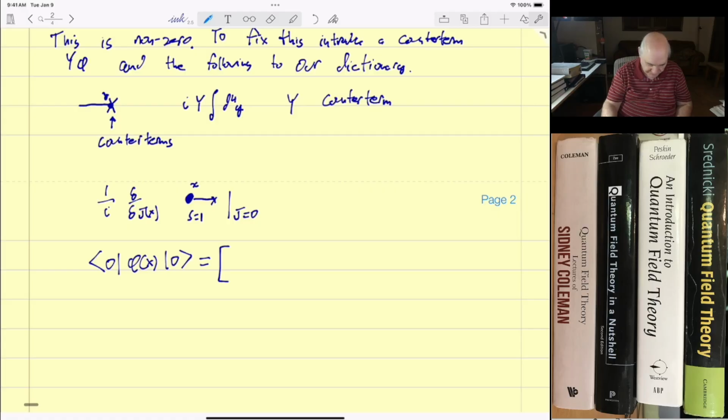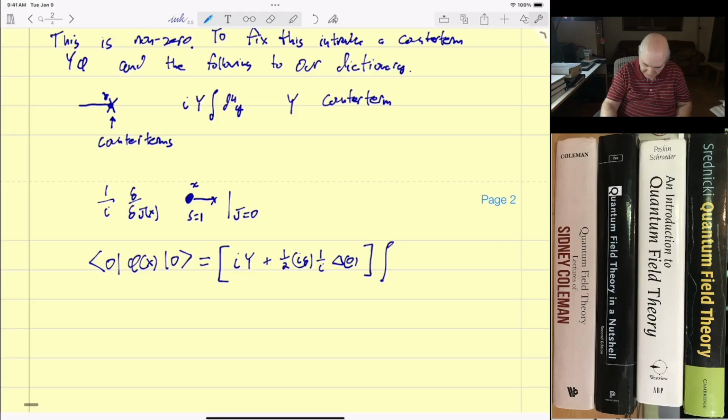So that disappears, and we have iy plus what we had previously, 1/2 ig 1 over i Δ(0). So I just factored that out. And then once again, we have the integral.